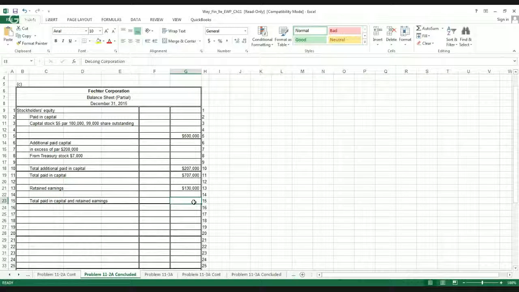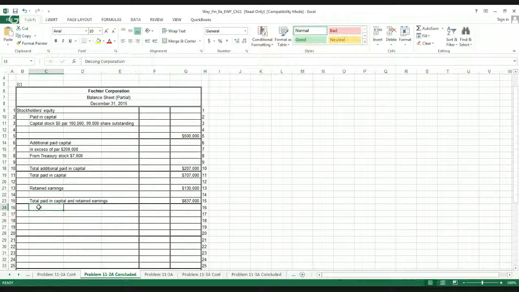So we've got a total paid in capital and retained earnings. We add the two up, and that gives us 837,000. Right, so okay, that's right. That's our total paid in capital and retained earnings.